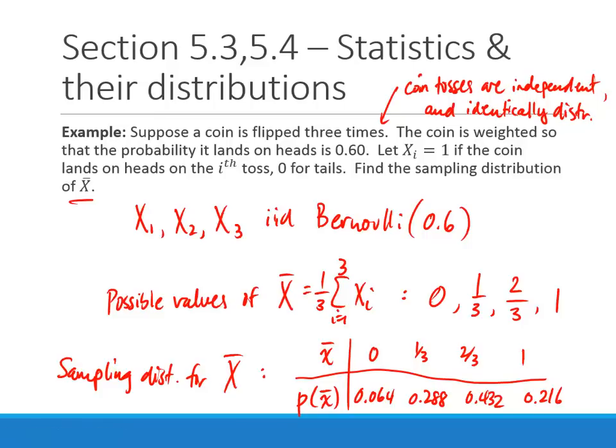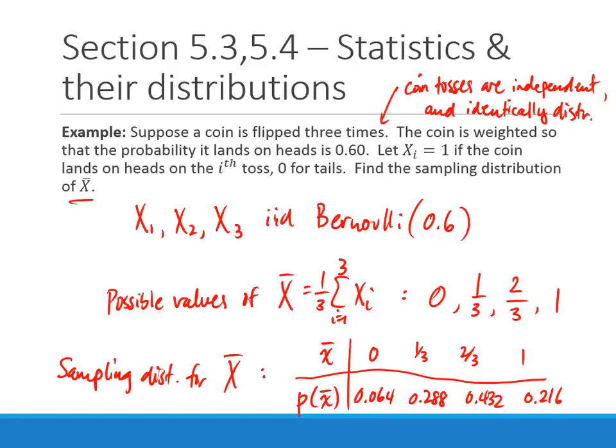So here, in this very simple case, I can write down exactly what the sampling distribution is for the sample mean of these 3 Bernoulli coin flip trials. And again, we could double check that this is a valid probability mass function.